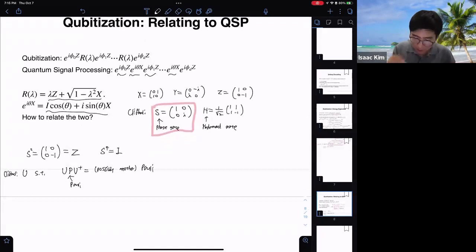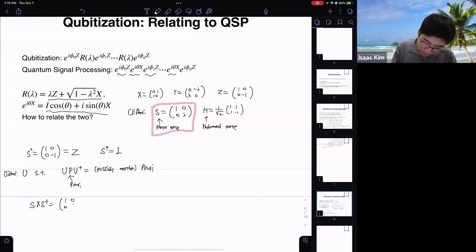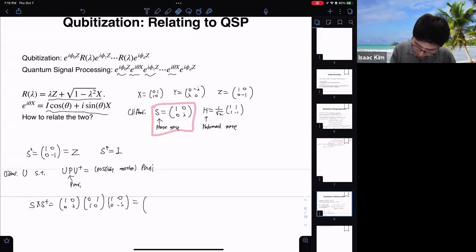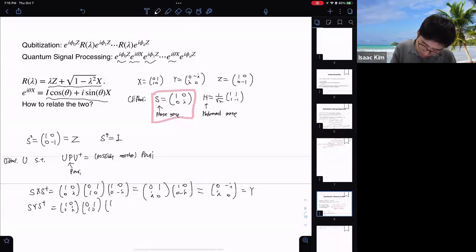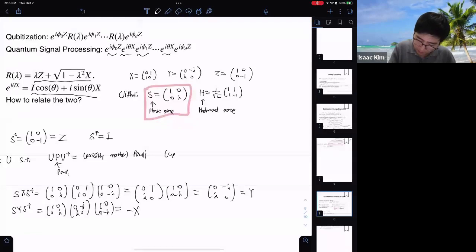So indeed, S is an element of the Clifford group because if we compute this thing, we get, which is equal to Y. And if we apply this to Y, then you get minus X. Well, I guess I should have said up to a phase.